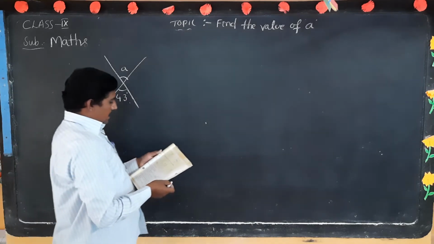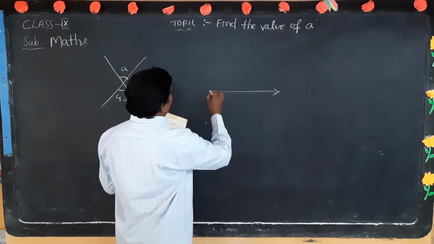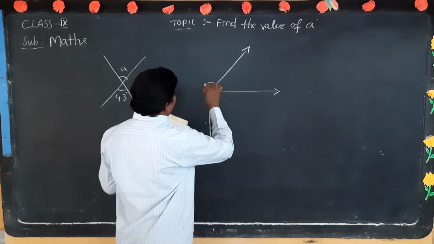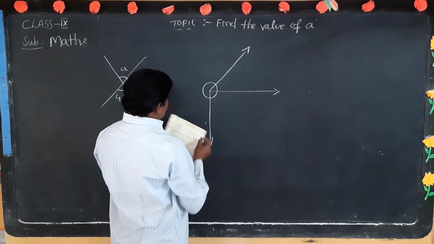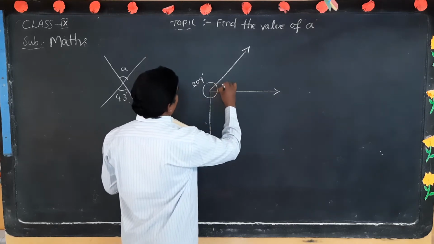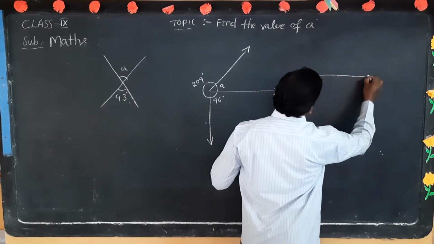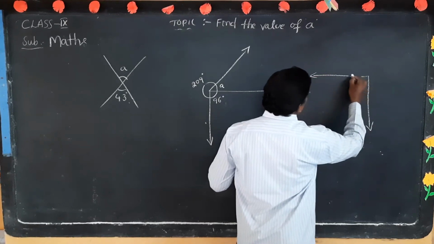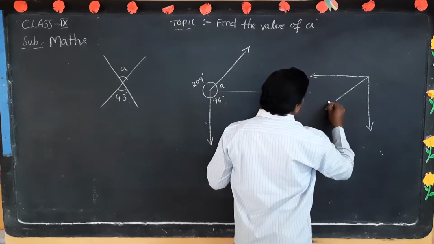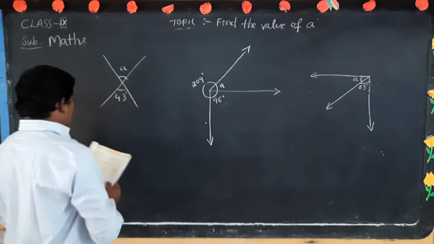This is one diagram and the next diagram has A and 63 degrees, and one more diagram they have given here.